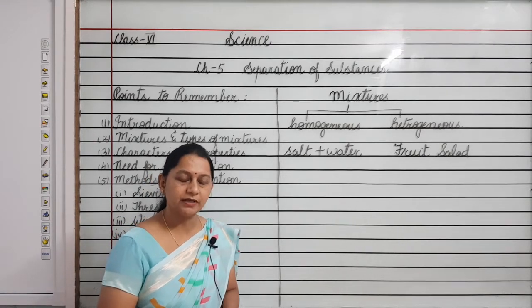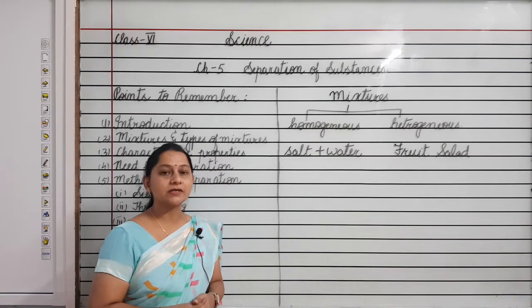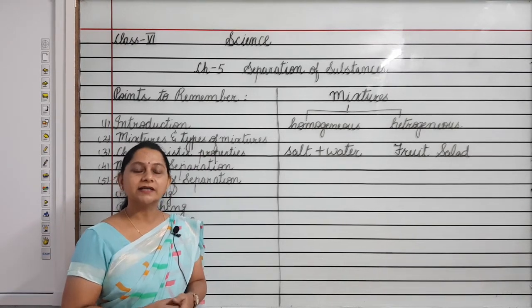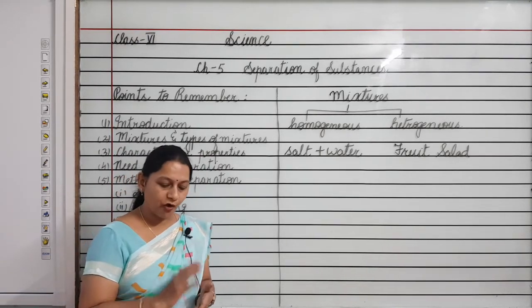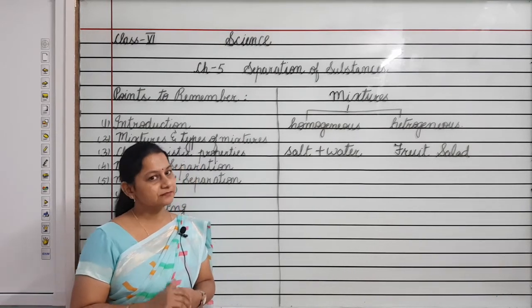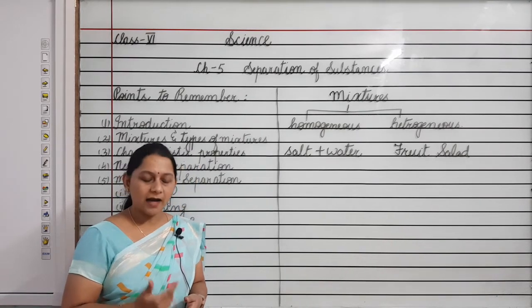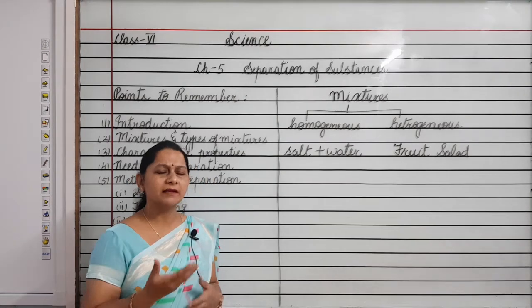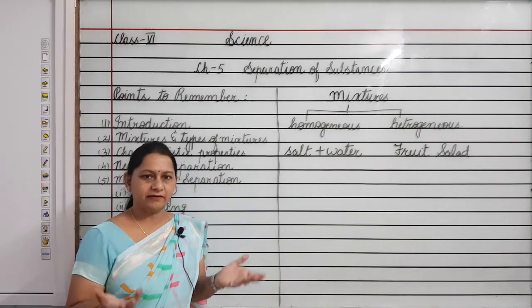And the third point here is to obtain highly pure samples of substances. Like distilled water, it is a highly pure form of water, and this is used in car batteries, in medicines, in research, and in many industries.